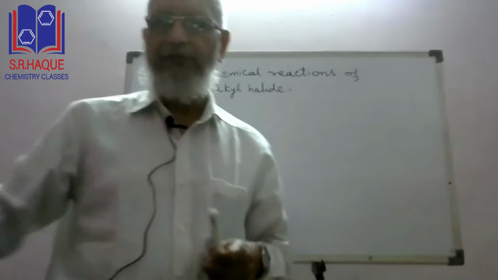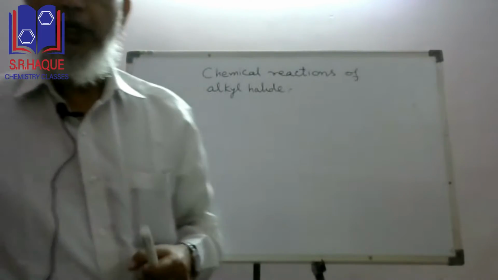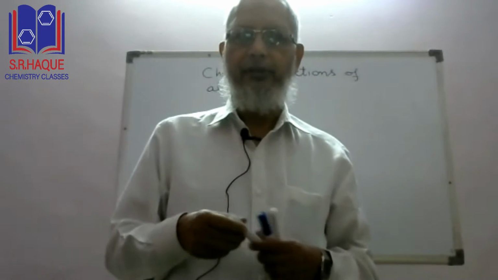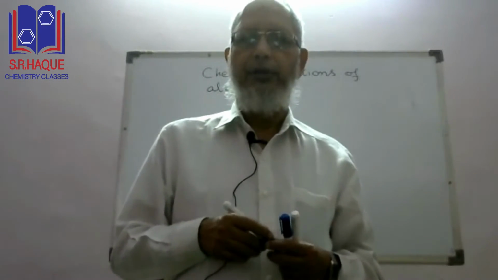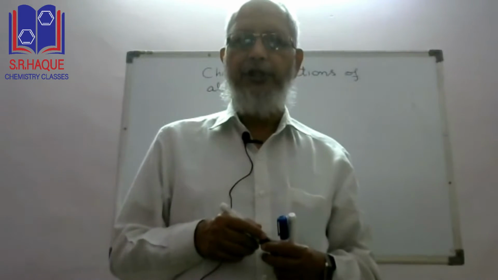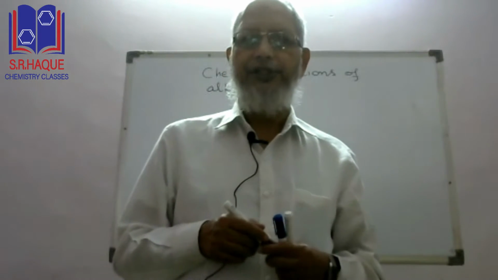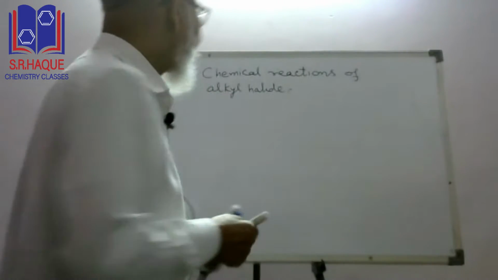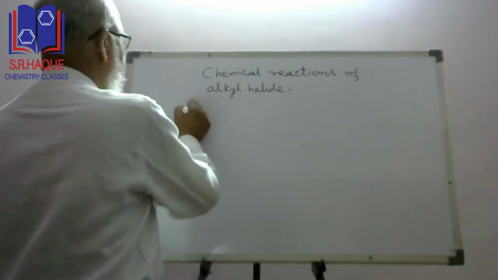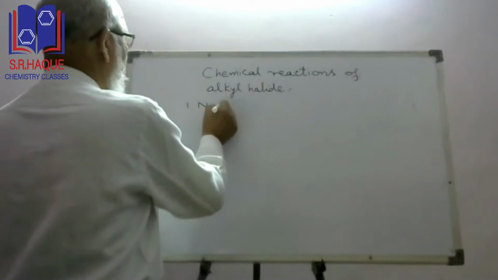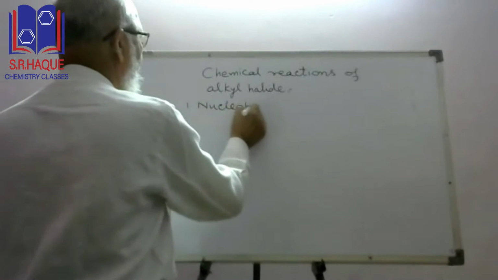There are three types of reactions which are shown by the alkyl halide. These are the nucleophilic substitution reaction, elimination reaction, and reaction with metals. First is nucleophilic substitution reactions.